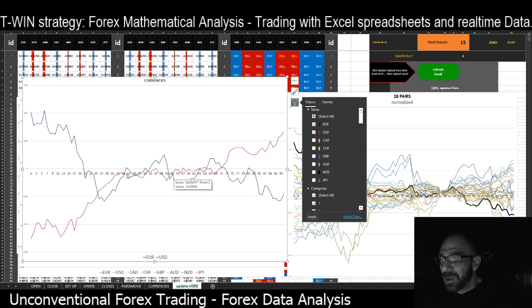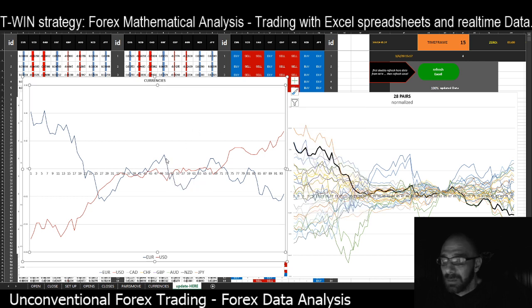So even though the dollar was going down, there was a relative strength of euro against dollar, therefore euro was in a buy direction, was long. In fact at this point, 25 bars on the 15 minutes time frame from now, this is the moment, the present, we got this great divergence between euro and dollar in favor of euro.